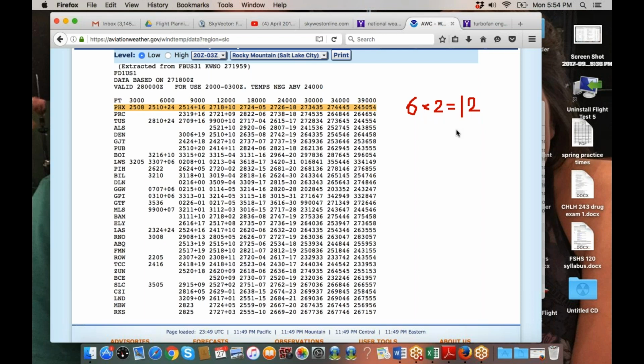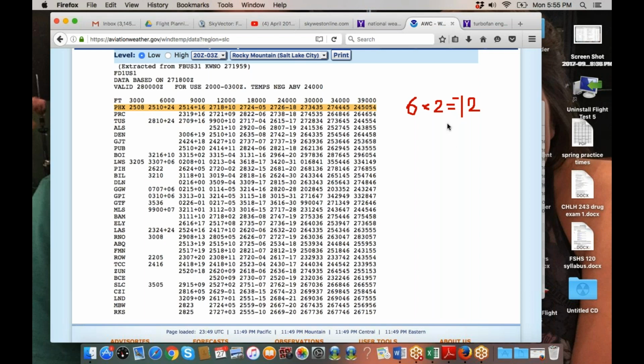So ISA is 15 at sea level. Oh gosh, what did I... minus 12. Yeah, sorry, minus 12. I just went totally blank. Sorry, guys, I brain farted.